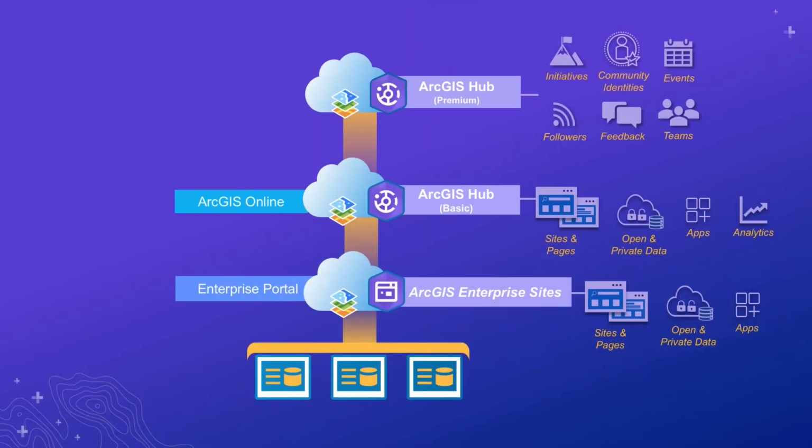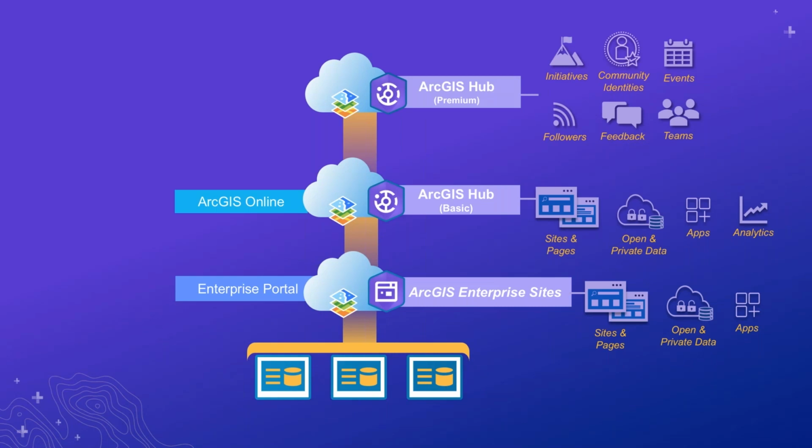So if we look at this kind of as a stack with ArcGIS, the portal information system on the bottom, and then we have the functionality that's available at Enterprise Portal, so you can install this on-premise, et cetera, et cetera. You get sites and pages, and with those sites and pages, you can build stuff like an open data site, you can build a private data site, you can connect applications into those sites and pages, all that sort of thing.